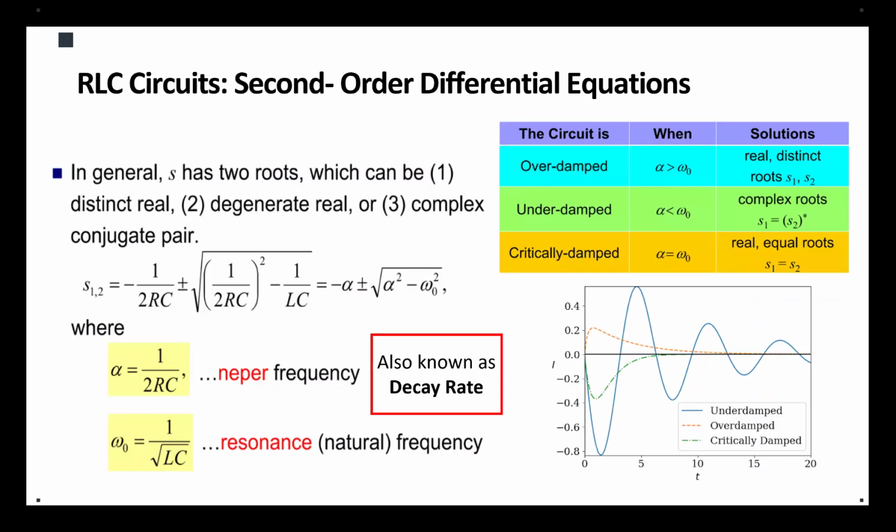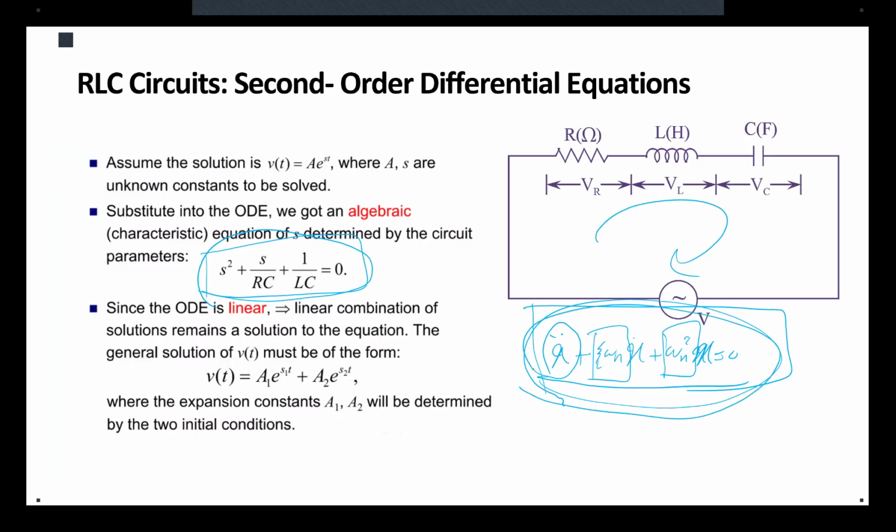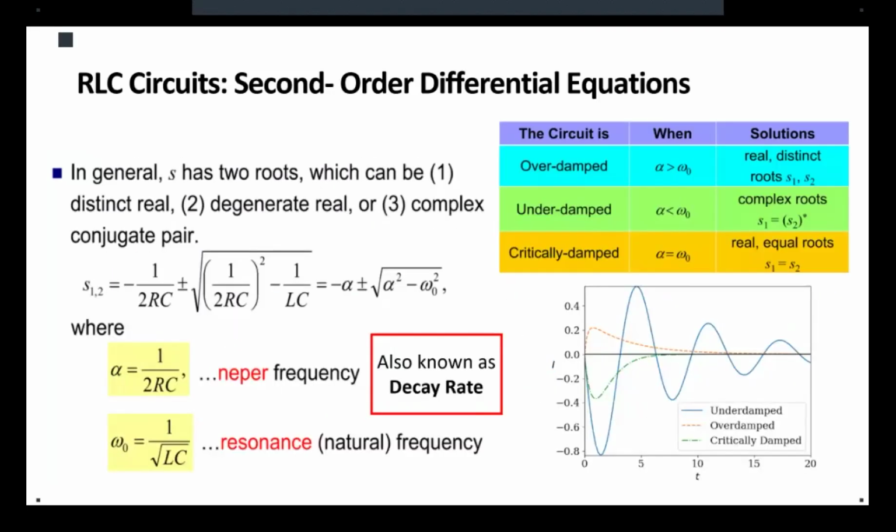Now, if you analyze that second order circuit that I gave you, this is a standard second order circuit. You just run a KVL and replace 2 zeta omega n by these RLC values, and also omega n squared by RLC values. If you do that, you would find that omega n, or omega 0, the natural frequency, is 1 over the square root of LC, and the decay rate is 1 over 2R.